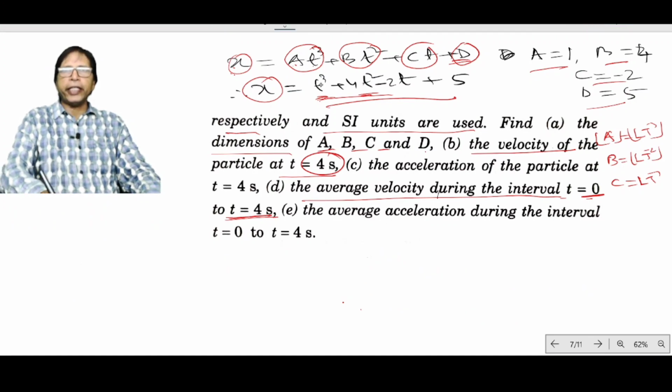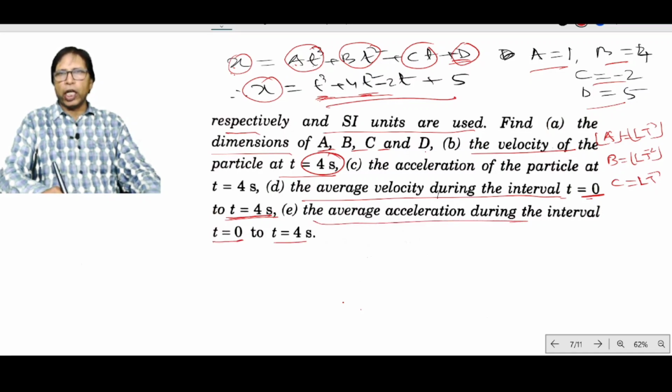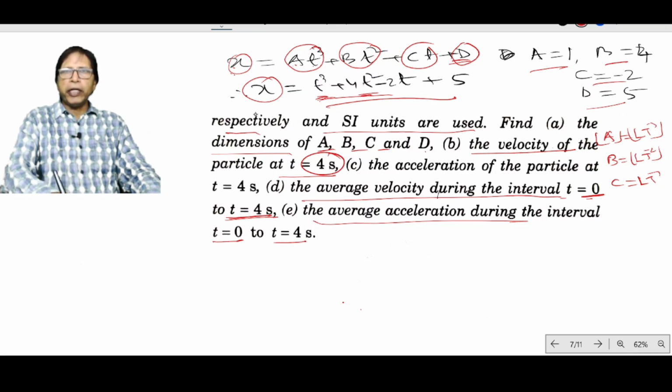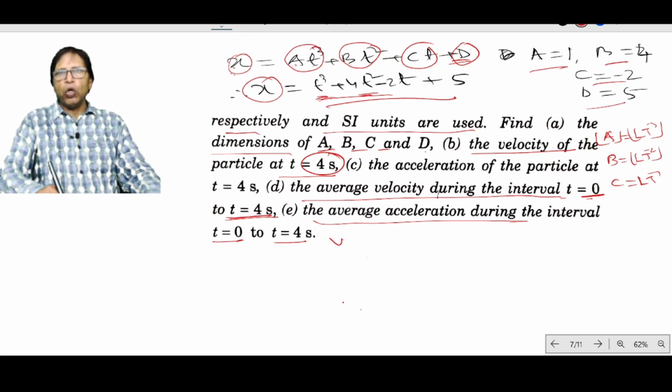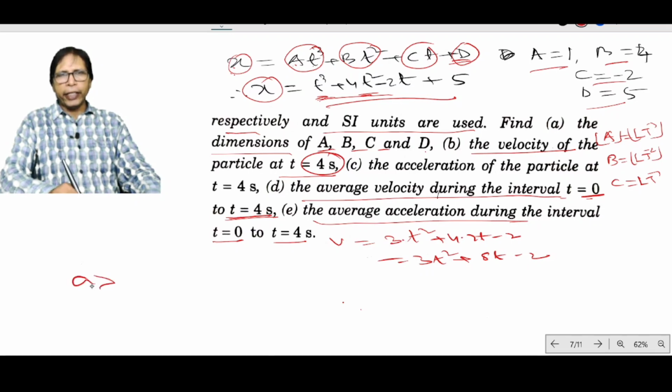Now, average acceleration during the interval t equal to 0 to t equal to 4. Now velocity v equals 3 into t square plus 4 into 2t minus 2. Therefore, this is 3t square plus 8t minus 2. So look at this, the average acceleration a equals (v4 minus v0) divided by (4 minus 0).